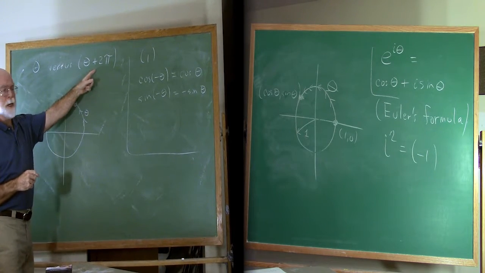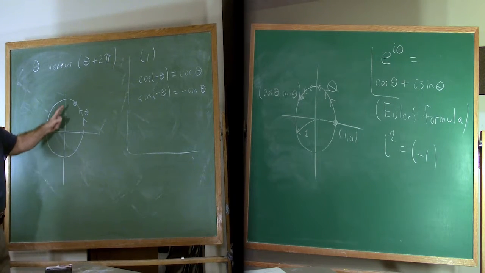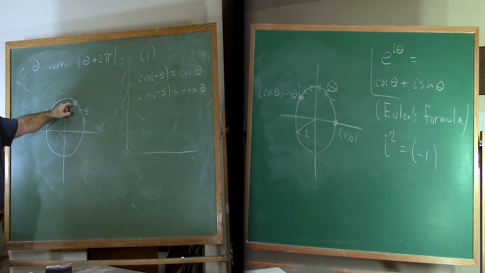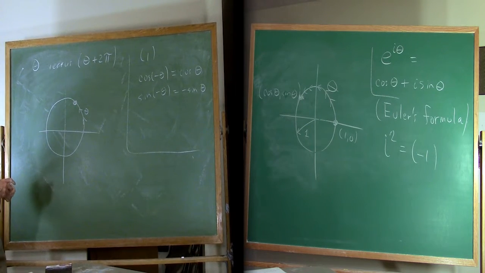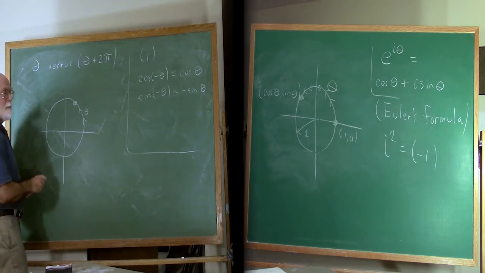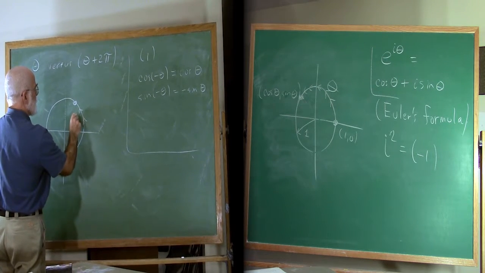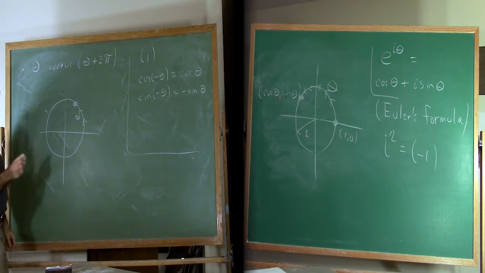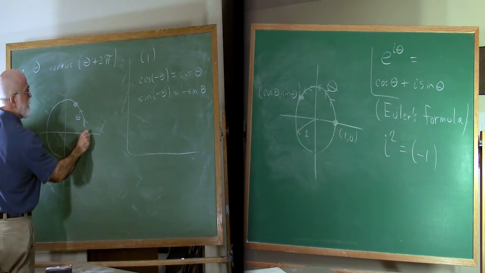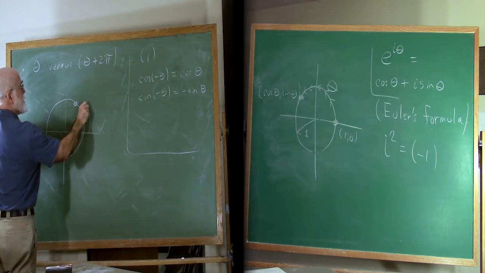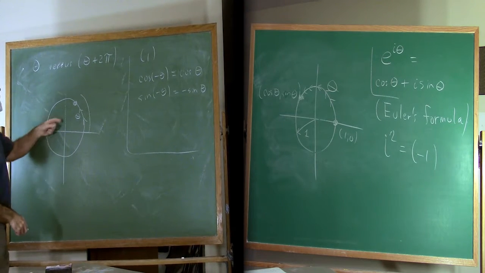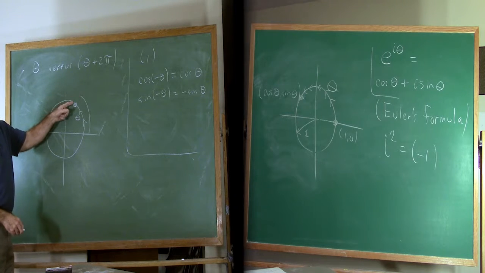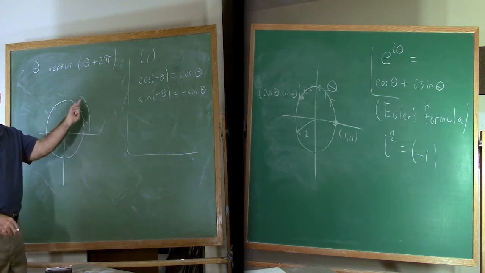Adding 2 pi means beginning at this point. Make a full circumference around the circle. I better give myself more room. Let's move theta over here. Okay, here we go. Starting at 1, 0. There's the theta mark. Starting from there, starting at that point, full circle.